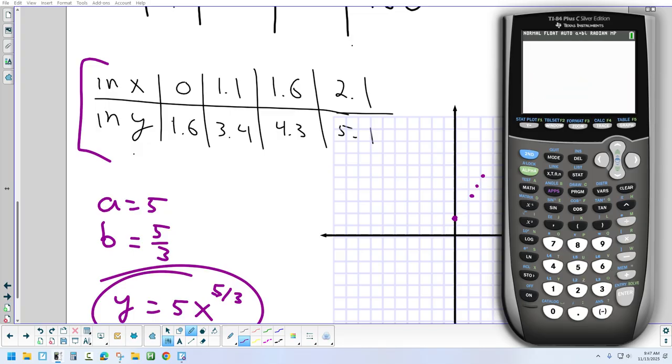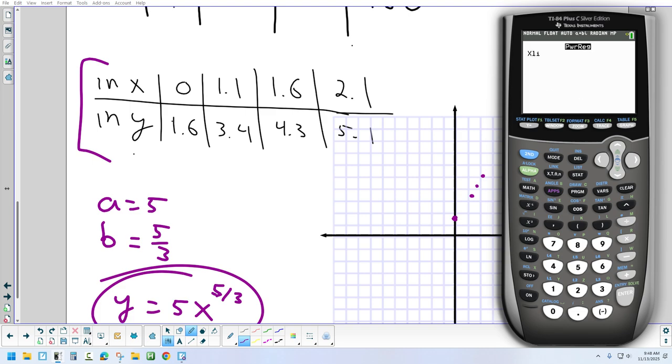In fact, if you look back, I don't know if the calculator was telling us this or not, but sometimes there's a number that it gives you that tells you how good of a fit it is. Okay, this one's not doing it, but let me turn the diagnostic on, and let me do the stat calc option A again.